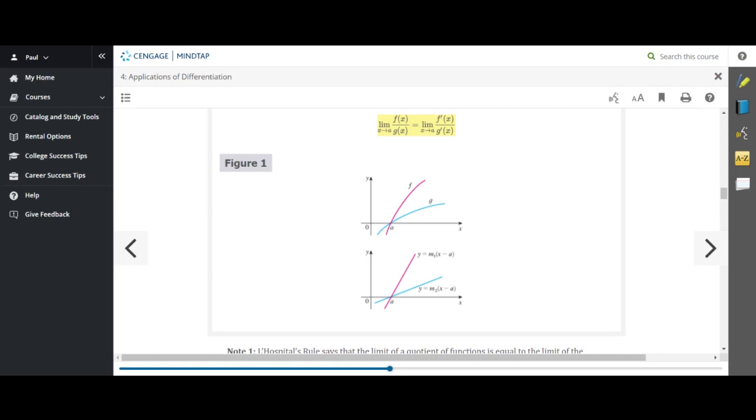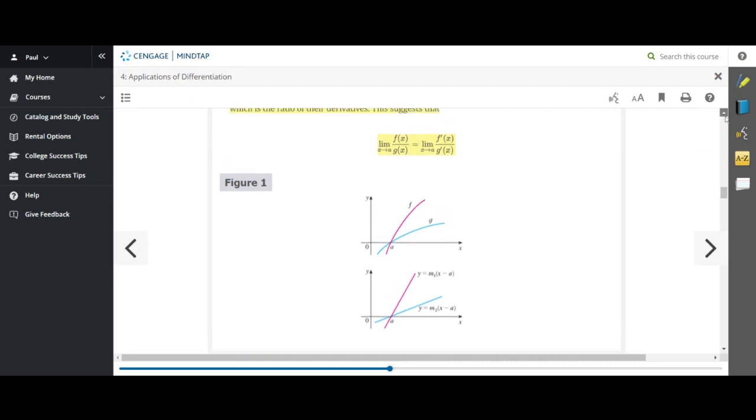And so the tangent lines in the second picture will very closely approximate the functions near x equals a. So if I want to study the ratio of function f over function g at x equals a, why not just study the ratio of their tangent lines at x equals a? That's what they're trying to convey there.